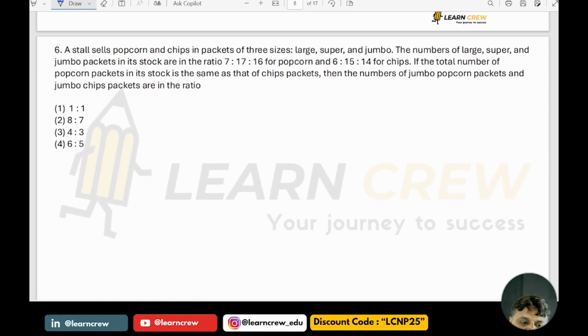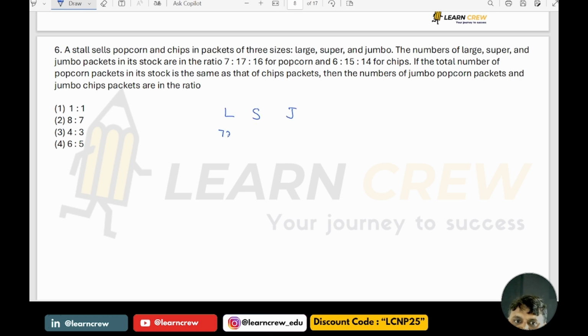Question number 6. What we have here, it is given that a stall sells popcorn and chips in packets of 3 sizes: large, super, and jumbo. The numbers of large, super, and jumbo packets in its stock are in the ratio 7:17:16. So please see here, large, super, and jumbo.